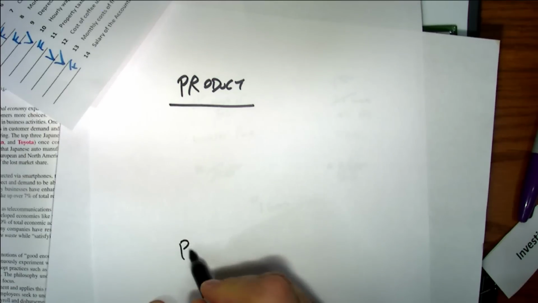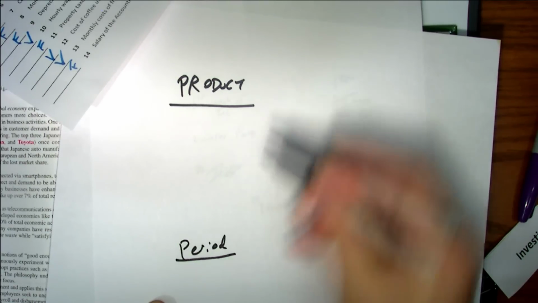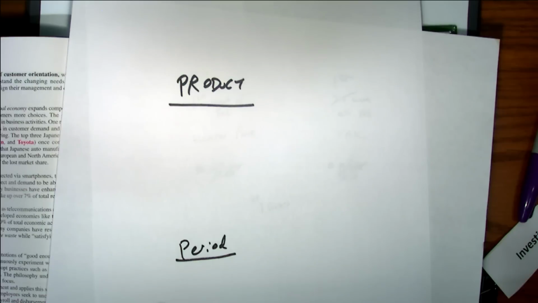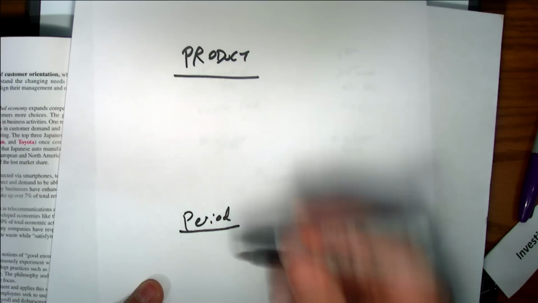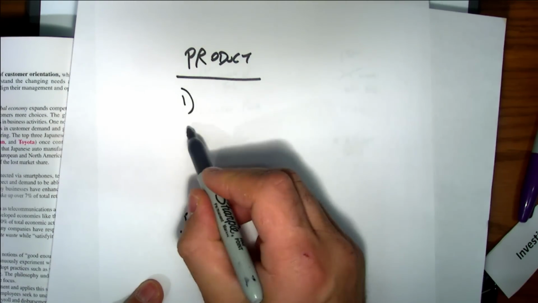Okay, we can classify costs as product costs, and we can classify costs as period costs. Product costs are costs incurred to manufacture the product. Factory costs, sometimes we call them. Period or not. Okay? There are 3 types of product costs.